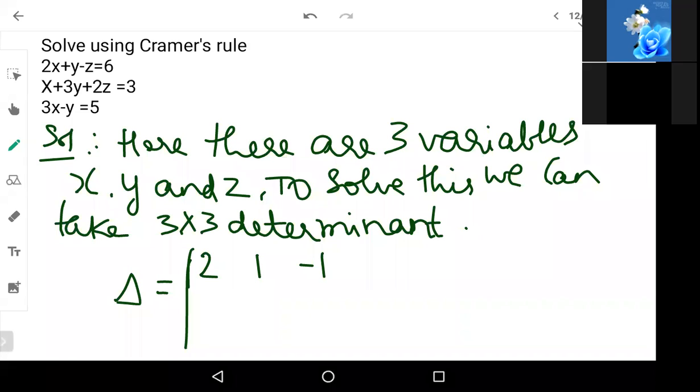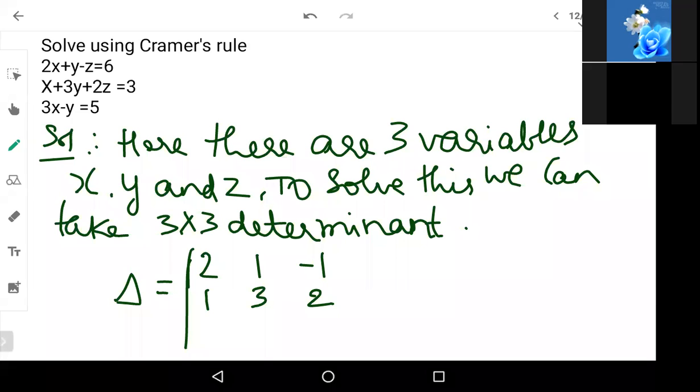Now, what will be the coefficients for the second row? What should I write here in the second row? Quickly. 1, that is 1x, 3, that is for y, and 2, that is for z. Very good. Now coming to the last row, what should I write for the last row?